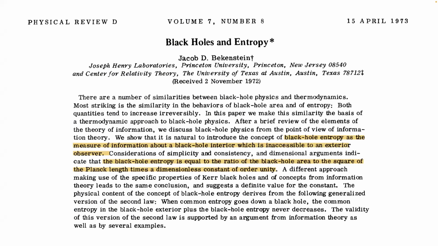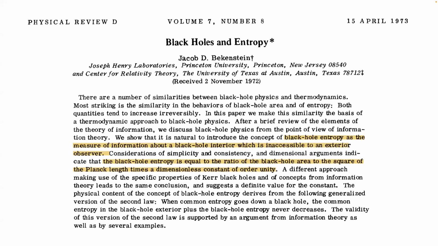All right. Back to the timeline. This is the paper by Bekenstein from 1972, where he says that black hole entropy is the measure of information about the black hole interior, which is inaccessible to an exterior observer. I want you to remember that the information is inaccessible to an external observer, so you want some notion of entropy coming into the classical picture of the black hole.